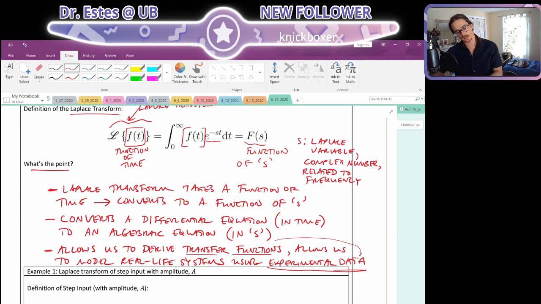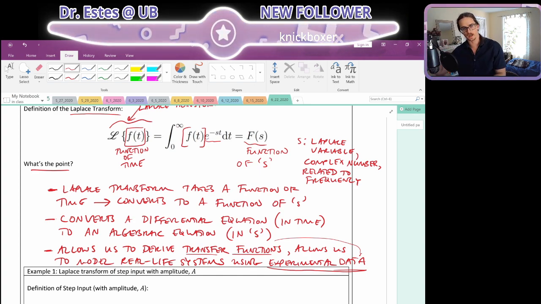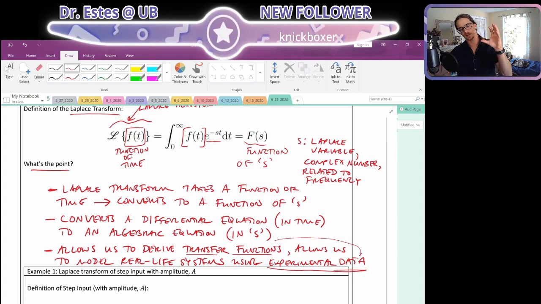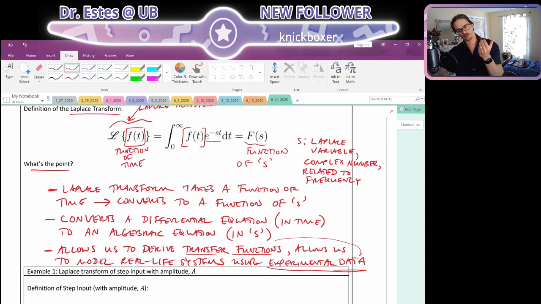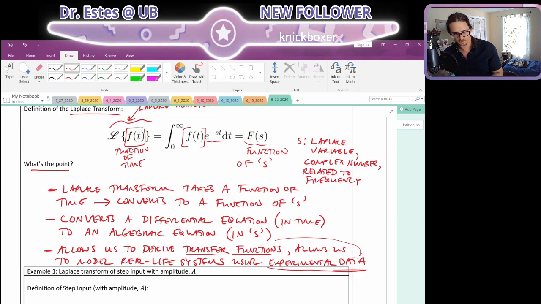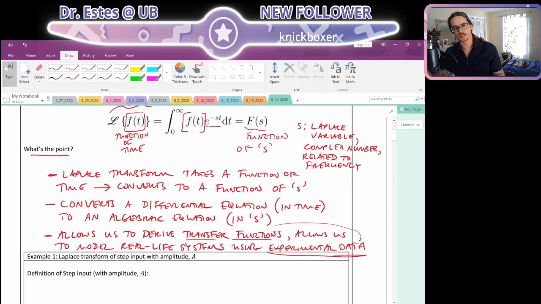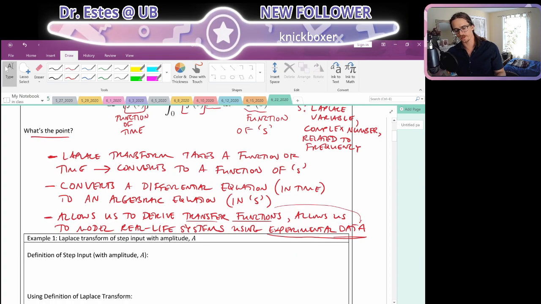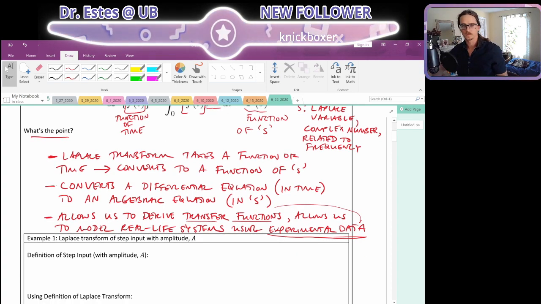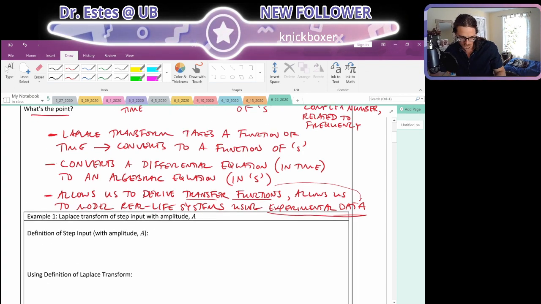So I guess what I'm trying to say is transfer functions are a good link between real life and mathematical models. Sometimes it's hard to get a mathematical model, but a transfer function provides us a way. I hope that makes some sense, or that it'll at least make more sense later. Okay.